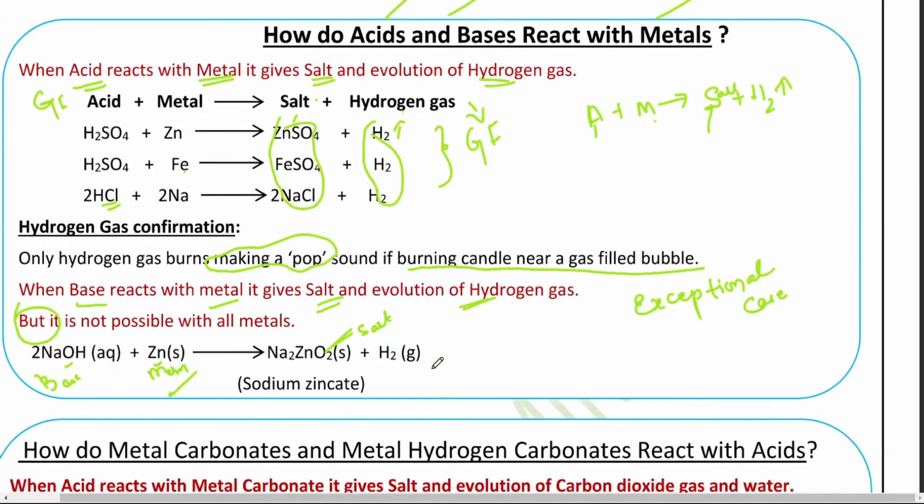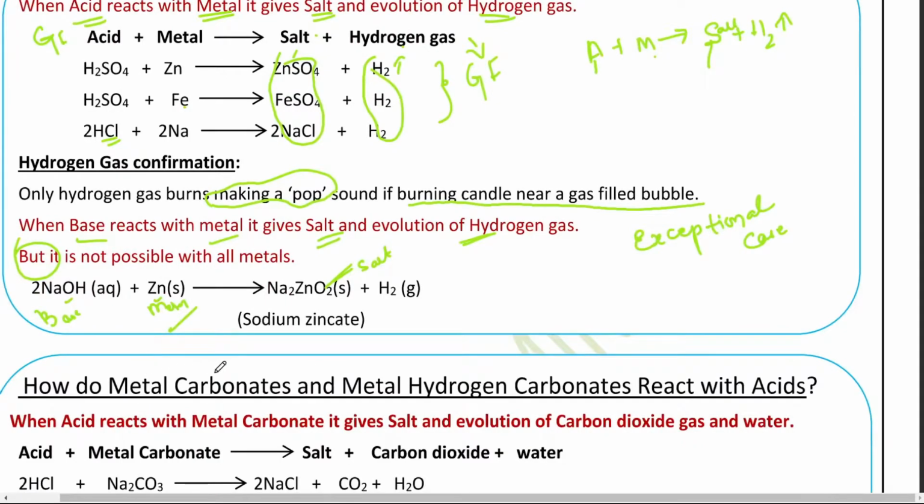Okay, next, how do metal carbonates and metal hydrogen carbonates react with acids? In the previous part we understood what happens when acid reacts with metal and when base reacts with metal. Now let us understand what happens when acid reacts with metal carbonates and metal hydrogen carbonates. Here we need to understand the general formula.